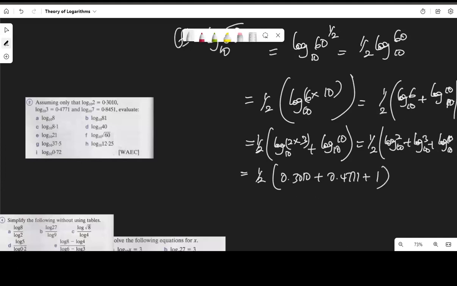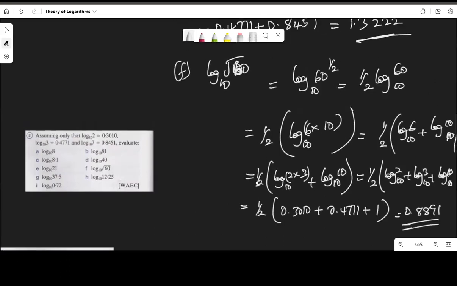So adding all of this together and then dividing by 2, we have approximately 0.8891. Okay, that is question F. Let's move on to question G.